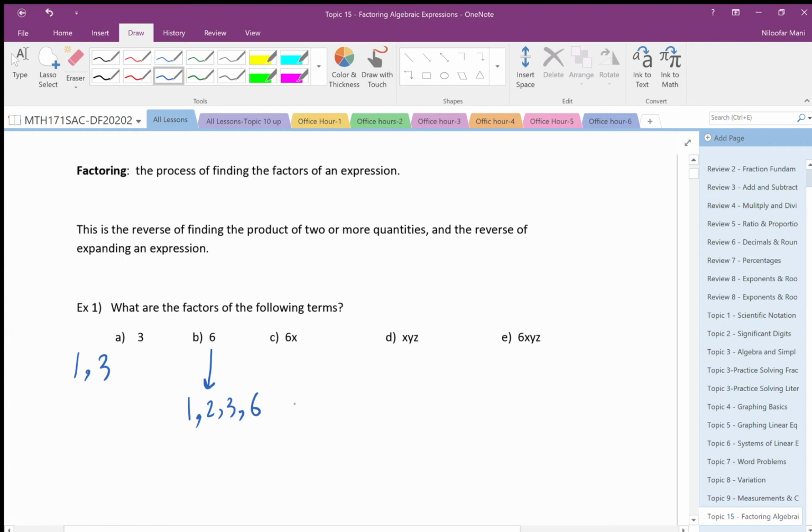How about 6x? I have 1, 2, 3, and 6, and x. How about xyz? So x, y, z. So I can say 1, 2, 3, 6, x, y, z.